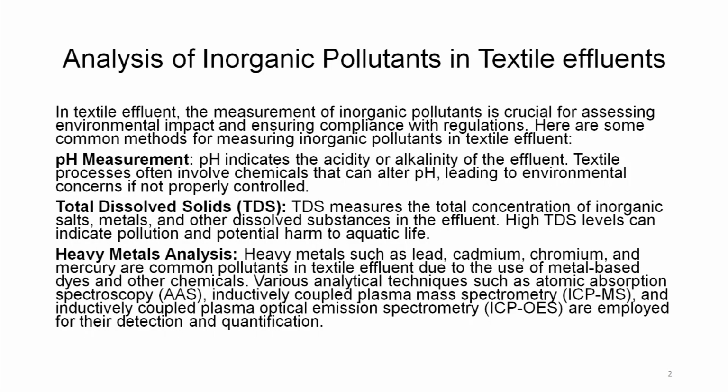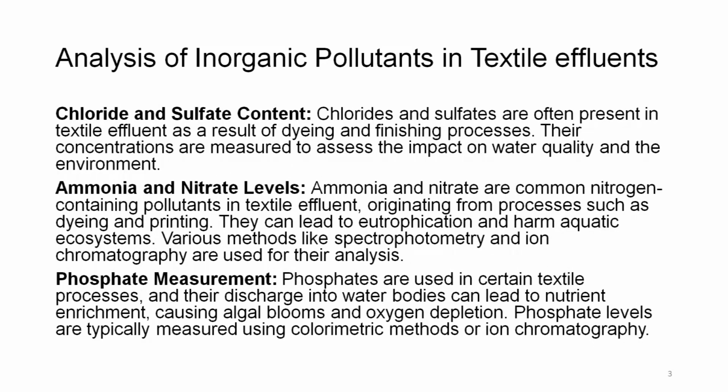Various analytical techniques such as atomic absorption spectroscopy, AAS, or inductively coupled plasma mass spectrometry, ICP-MS, or inductively coupled plasma optical emission spectroscopy, that is ICP-OES, are employed for their detection and quantification.